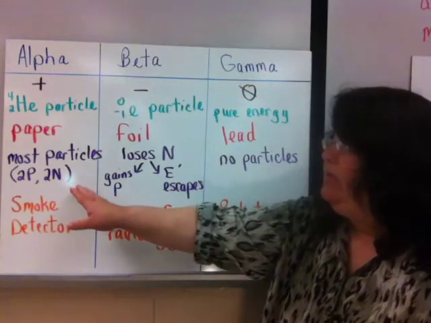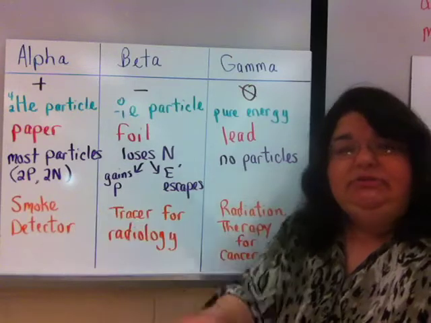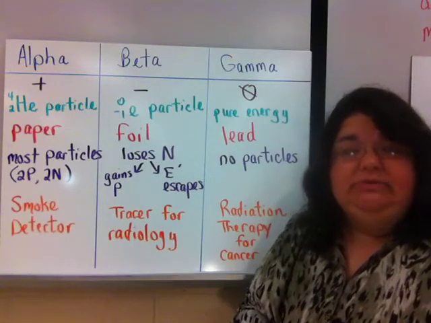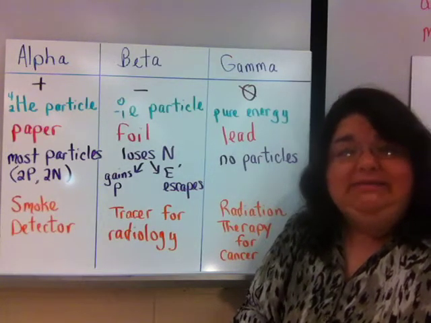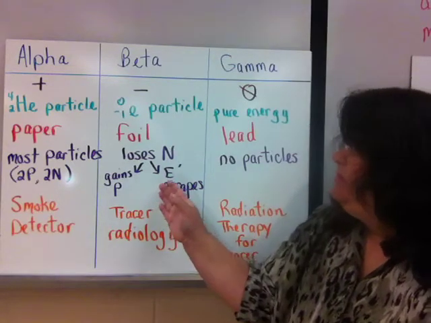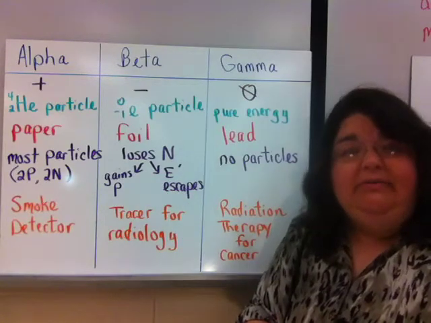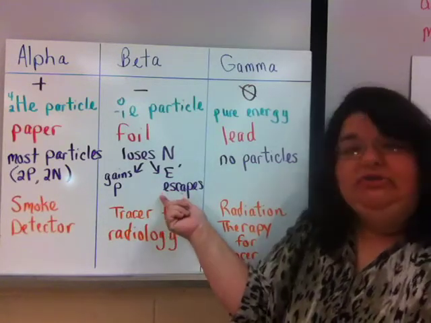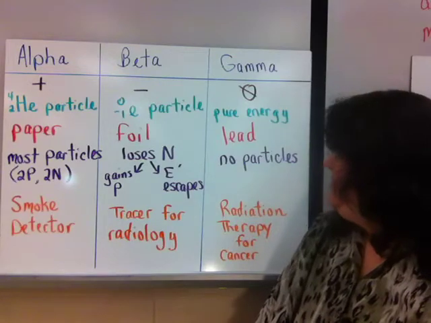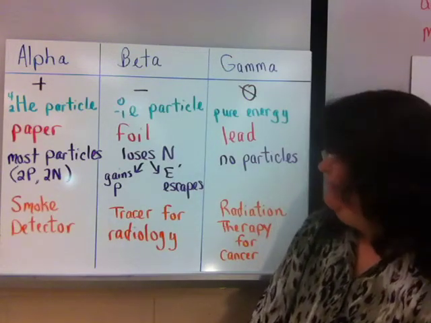So alpha particles are beneficial to the nucleus because it allows 2 protons and 2 neutrons to escape. That's 4 less things that are left behind in the nucleus. Now, a beta particle is not as useful because you basically only lose half of a neutron, this electron that escapes from that nucleus. And gamma radiation has no particles that leave with it.